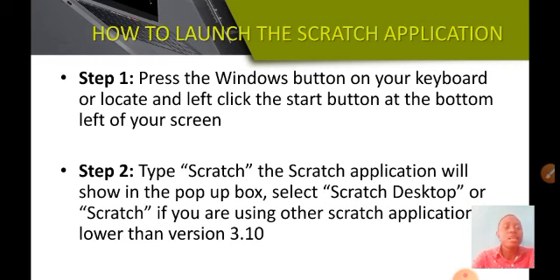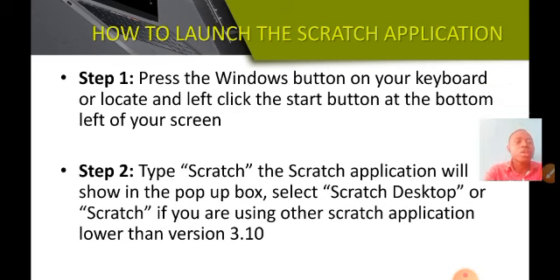Step 2 says the Scratch application will show in the pop-up box. Select Scratch desktop or Scratch. If you are using another Scratch application that is below 3.10, it will just show Scratch.